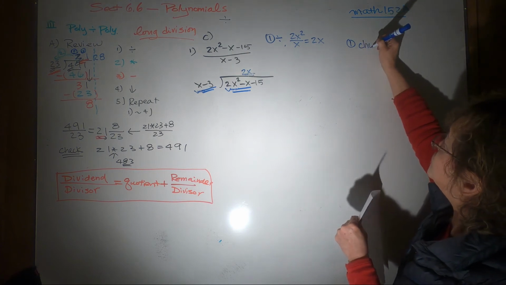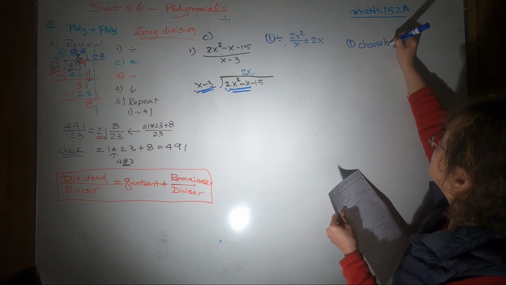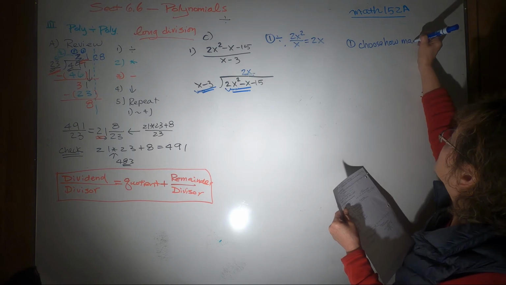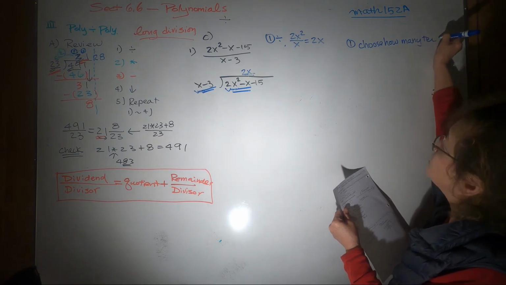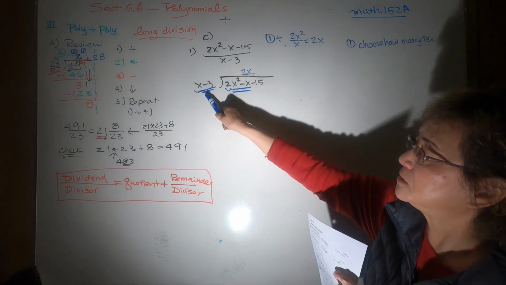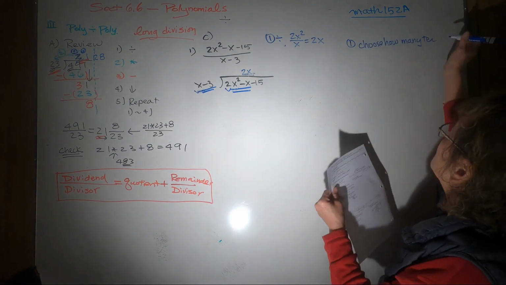So your first step: you have to choose how many terms to go into, depending on your divisor. If you have 3 terms here, you need 3 of them to go into.